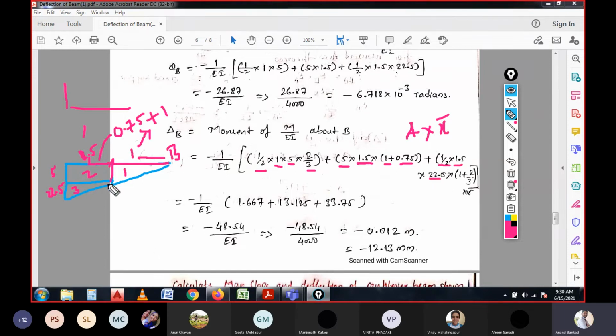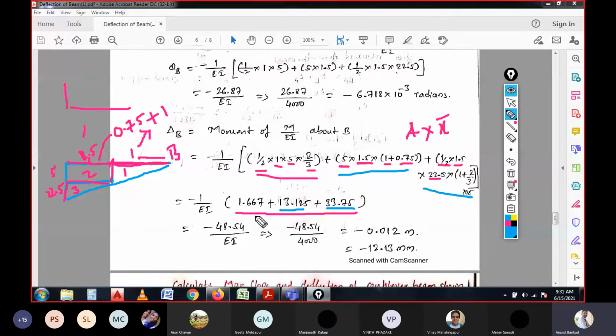So half base is 1.5 here, complete base is 1.5 distance, and now height is 22.5, and two-third of the base, if you consider, it is written 1.5, and altogether if we calculate it will be 1.667 for this span, and for this span it is 13.125, and now for complete of this one it is 13.3375, like this.